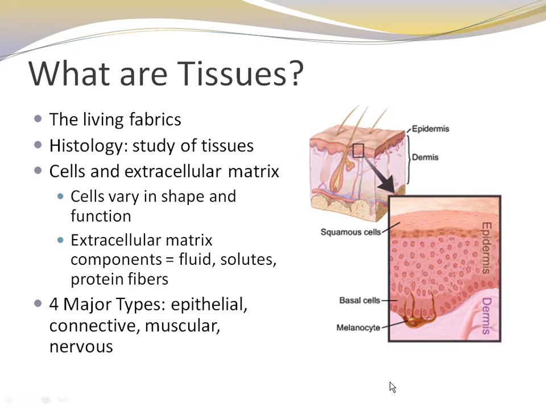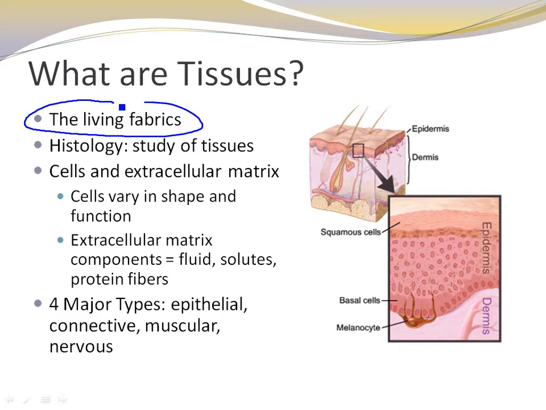Your textbook calls tissues the living fabrics. That's a pretty good analogy. Like you weave fabrics together to build clothes, curtains, upholstery, different types of things, in a similar manner, these tissues composed of cells working together are woven together to build all of the different parts of your body.